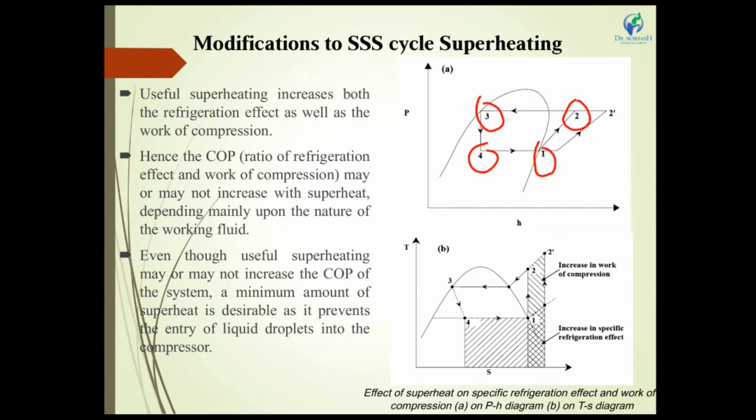Then the 4 to 1 process is the heat absorbing process from the enclosed space. If the refrigerant becomes superheated at point 1 dash, that is also a maximum heat absorbed from the atmosphere or enclosed space.